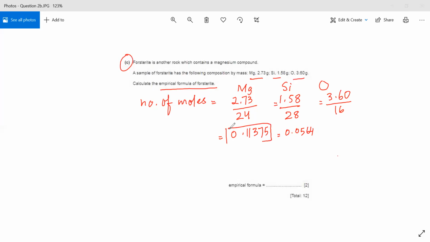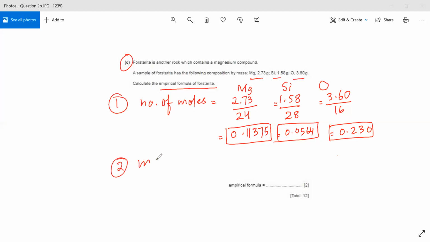This is for magnesium. This is for silicon. And here, what do I have for oxygen? 0.230. So I have this. This is my first step where I have calculated the number of moles.